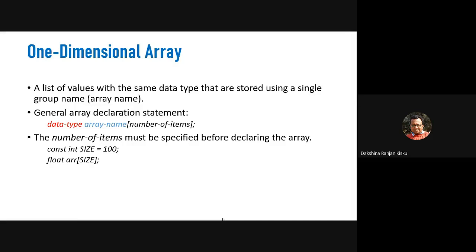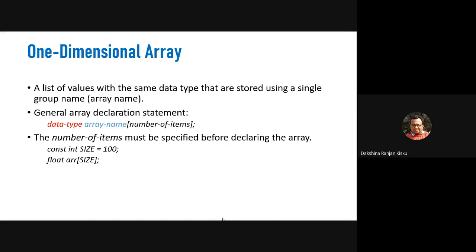Okay, so what is a one dimensional array and how is a one dimensional array declaration made? First we write a data type, then we write the array name and the number of elements that are to be used in the program.